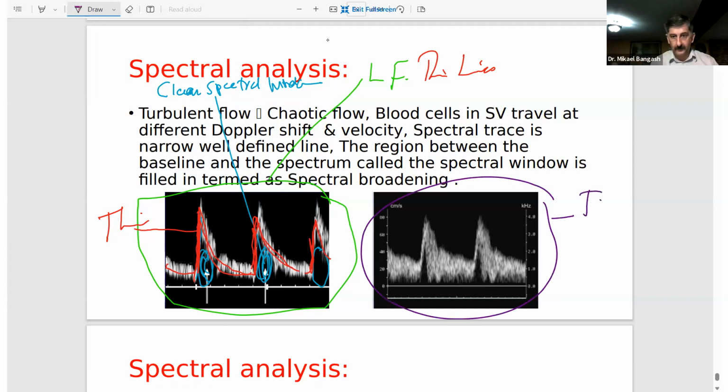That's an example of turbulent flow. Is that clear?